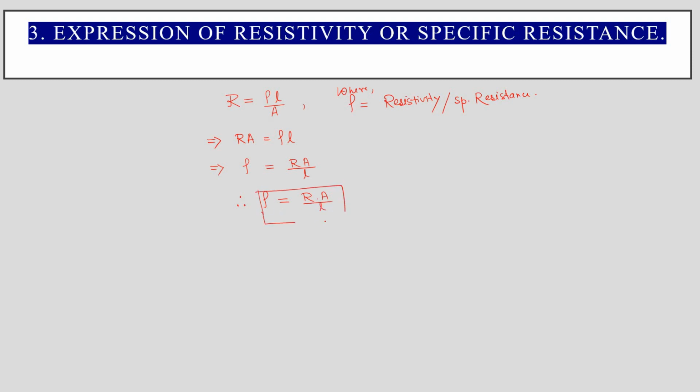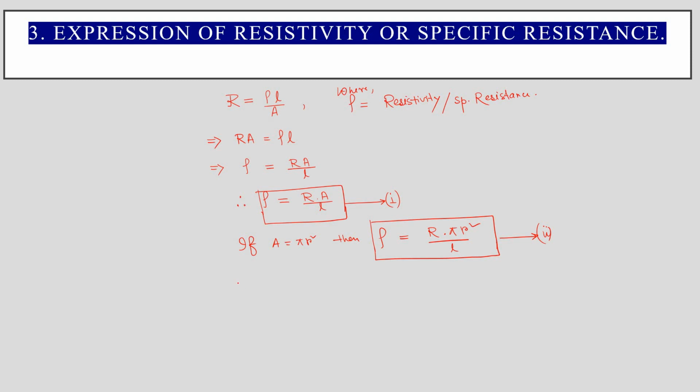Like the previous expression, we can also replace area of cross section in terms of radius and in terms of diameter. So if A equal to pi R square, then rho equal to R, in place of A you can write pi R square divided by L. This is another form of the expression of resistivity, and suppose this is equation number 2.